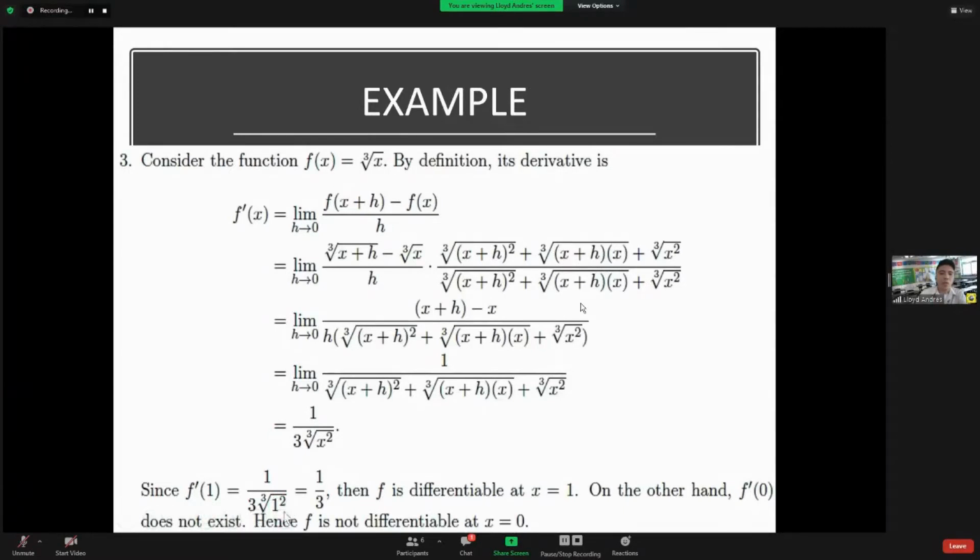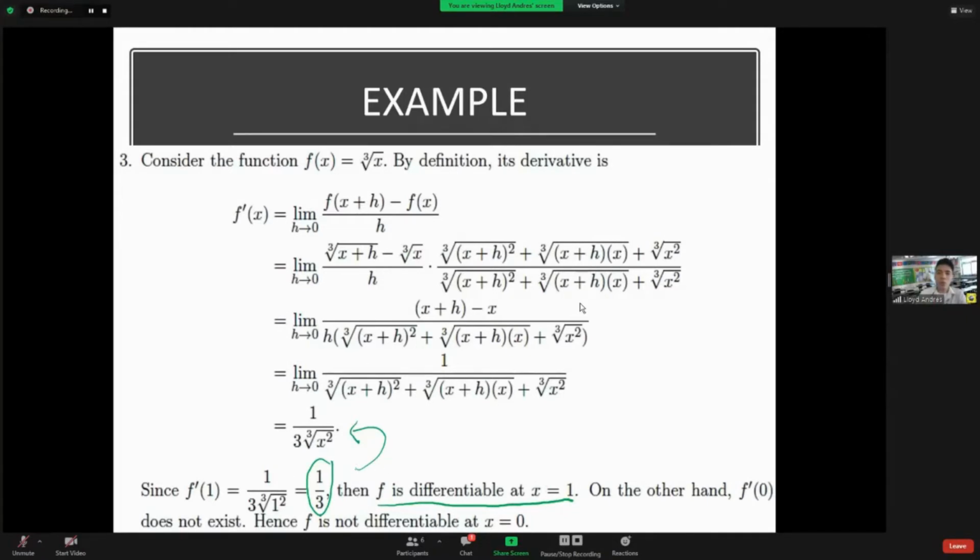Simplifying that will be 1/3. Since we got a value and it is not undefined, we can conclude that f is differentiable at x equals 1.